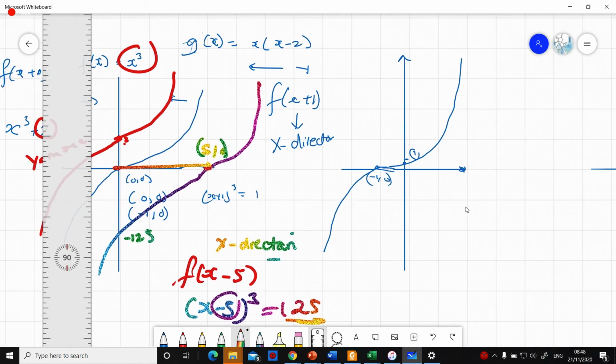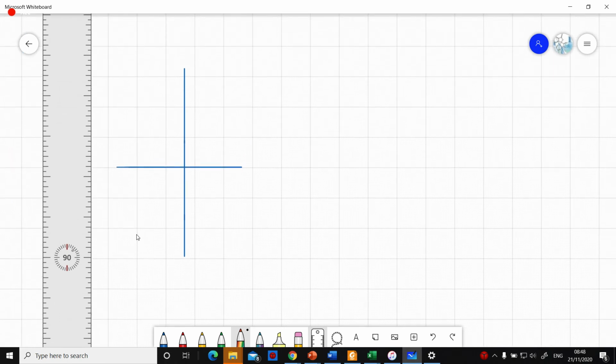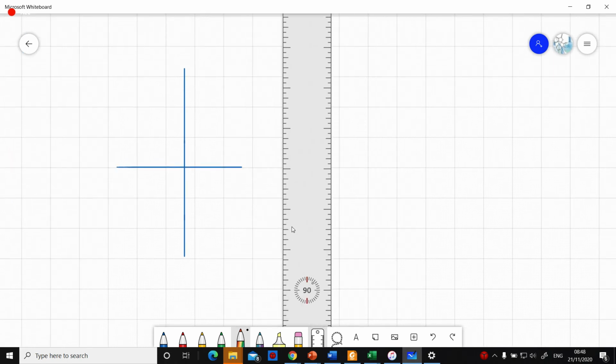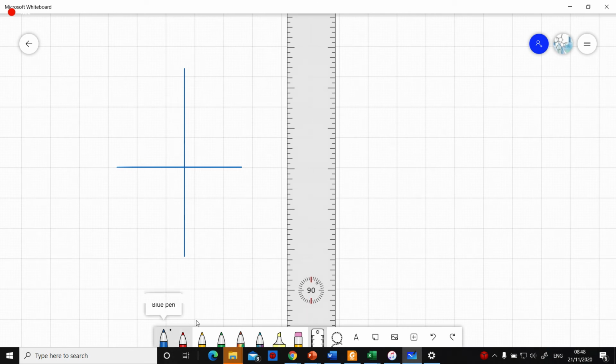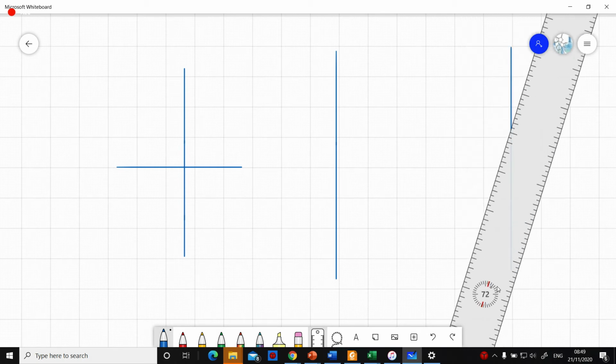Let's go to the next function, which is x open bracket x minus 2. So if we have our function here, and we said that we need to draw more lines, there we go.